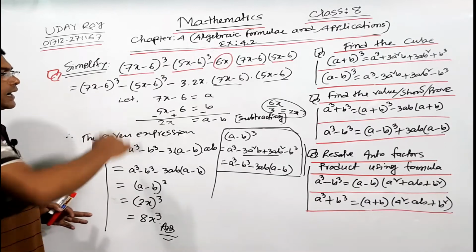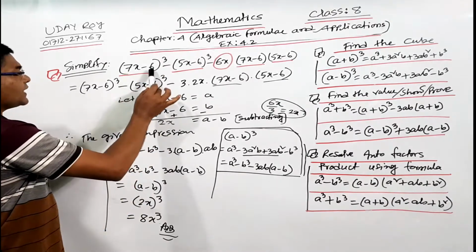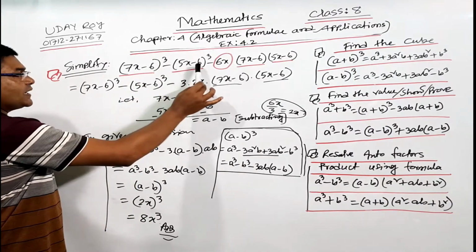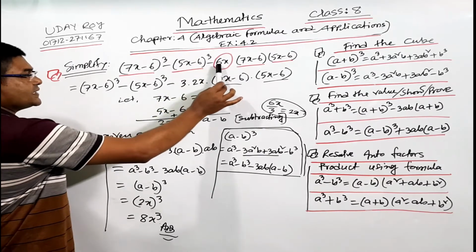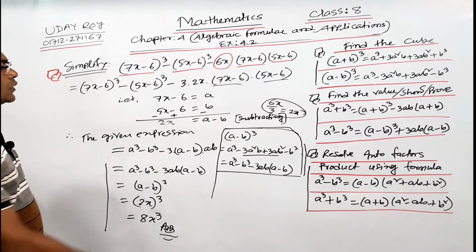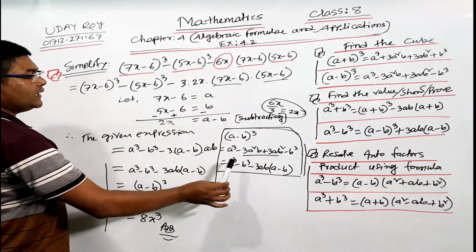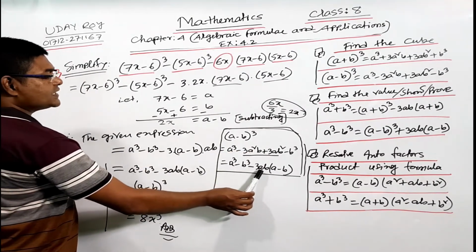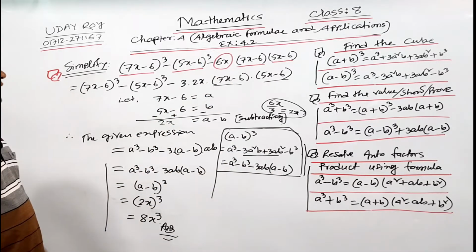So again come back: 7x minus 6 whole cube minus 5x minus 6 whole cube minus 6x into 7x minus 6, 5x minus 6. We know the rule: a minus b whole cube equal a cube minus b cube minus 3ab into a minus b.